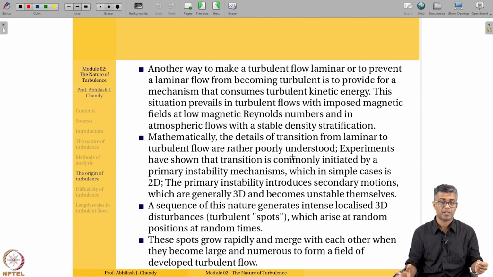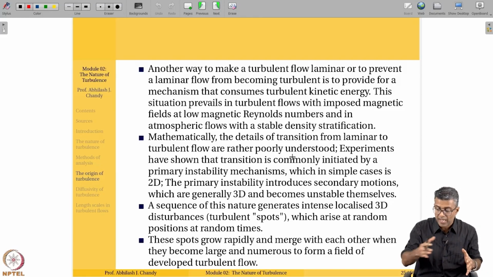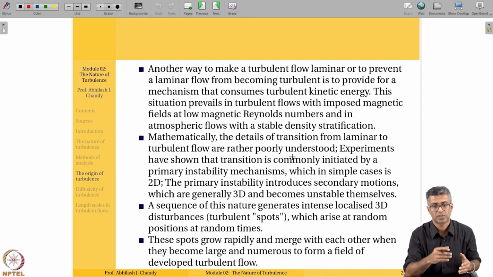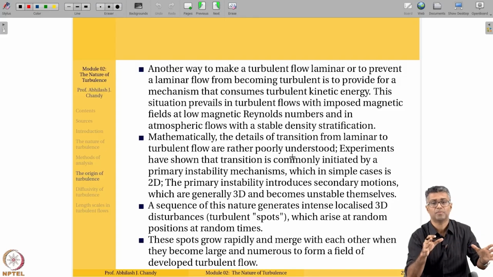But the instabilities in some cases could be just 2D. So this sequence where you have instabilities that create 3D secondary motions, these are localized disturbances. We also call them turbulent spots, and they arise in random positions at random times.